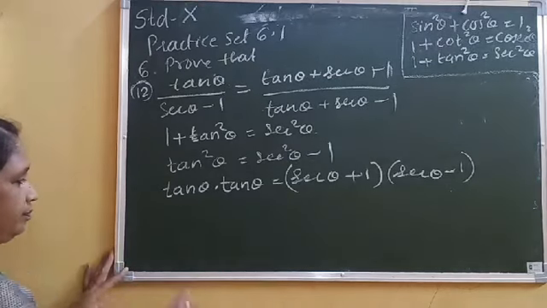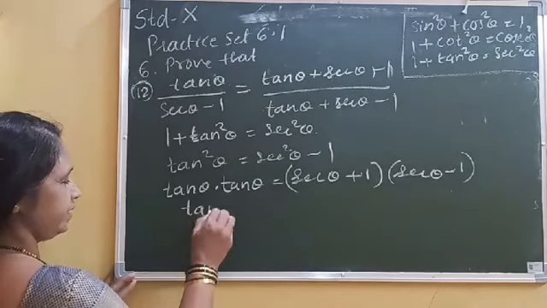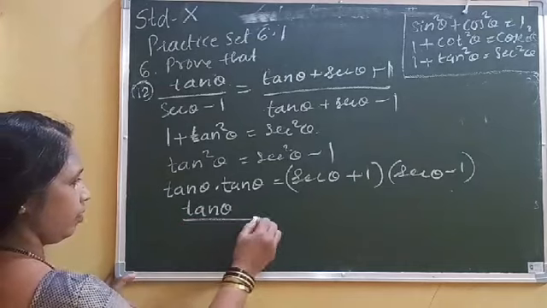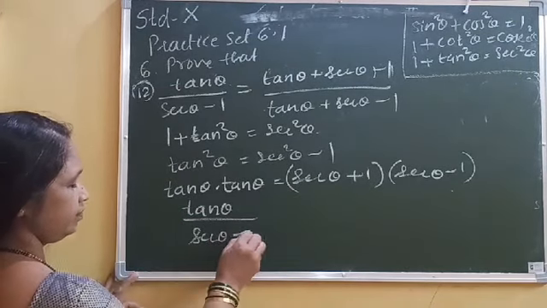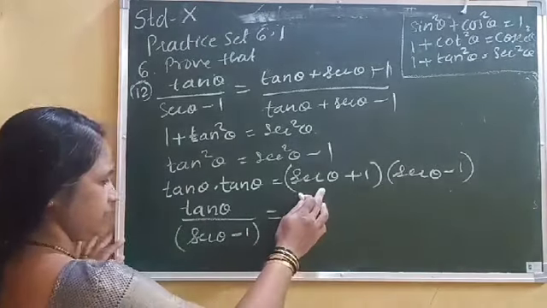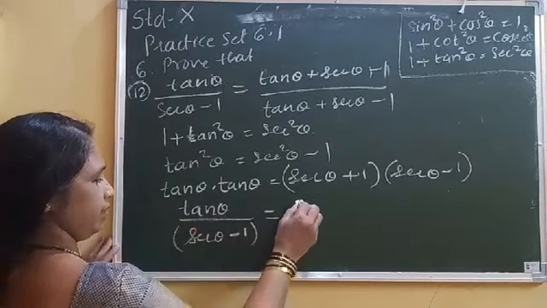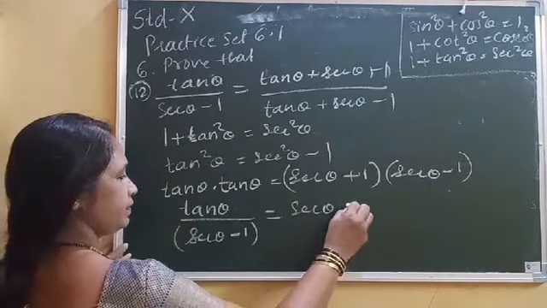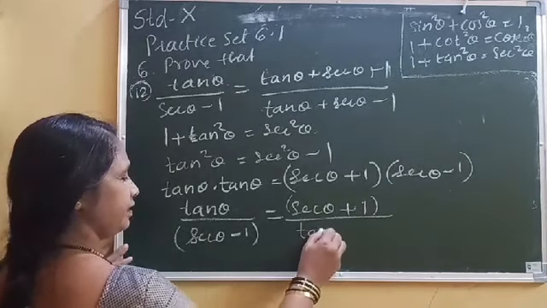Now see, we'll separate the denominators. Means see, tan theta upon sec theta minus 1 is equal to, we have taken this to the denominator, this tan theta we kept here, sec theta plus 1 upon tan theta.